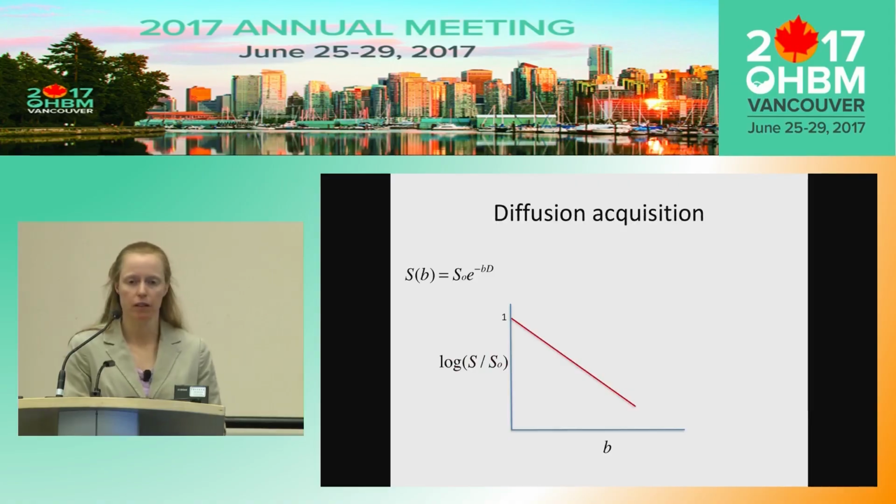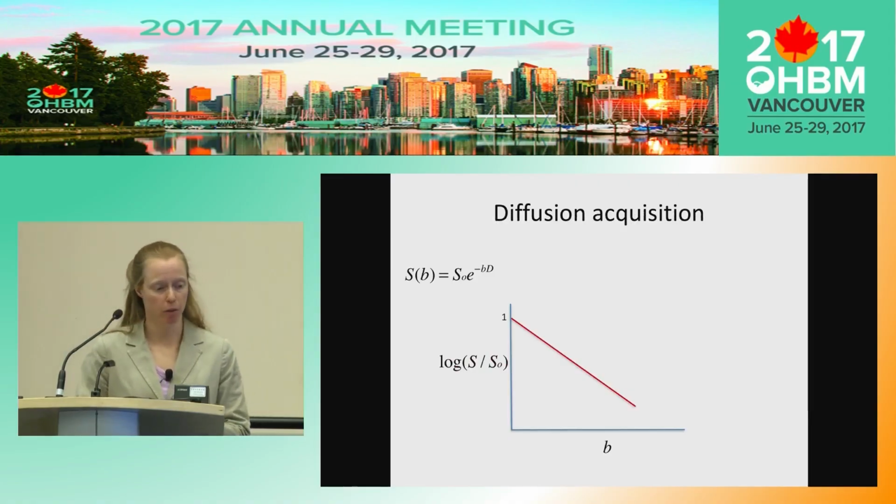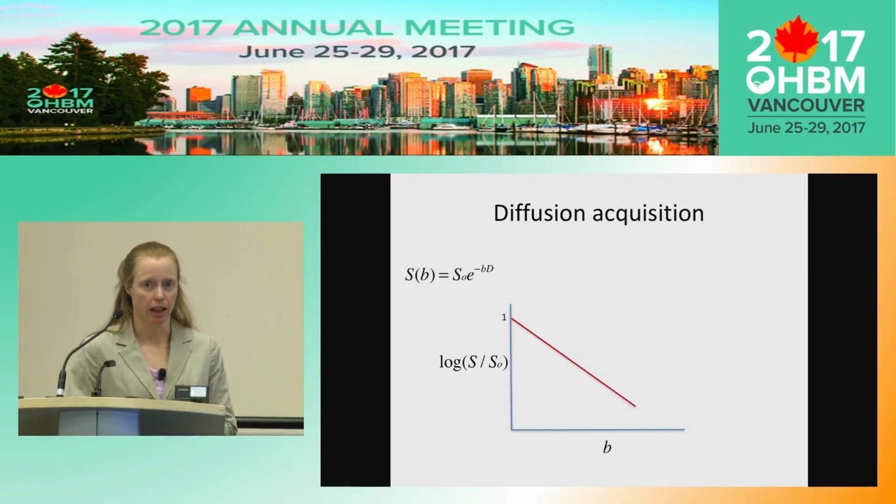So we know that we have signal attenuation that is more pronounced when diffusion is higher. But what is the exact form of this relationship? If diffusion is Gaussian, then you will get exponential decay as a function of that B parameter and the magnitude of diffusion, shown here.